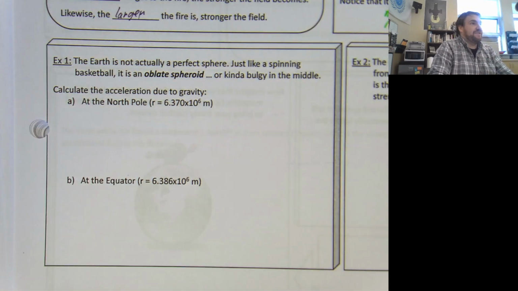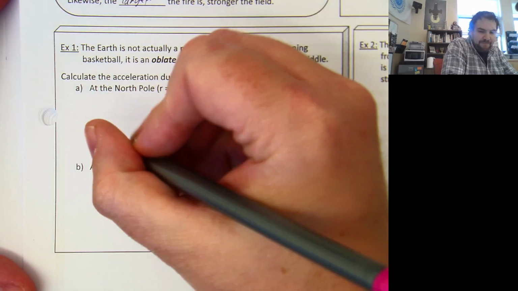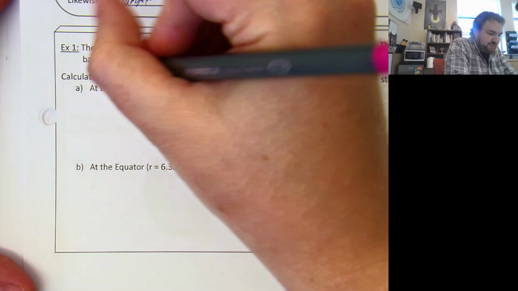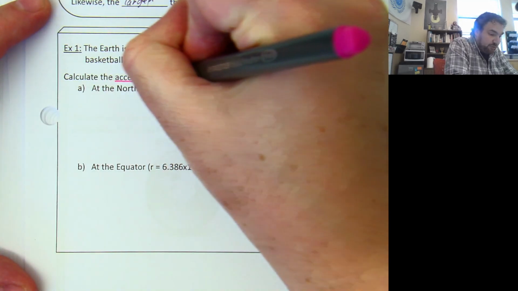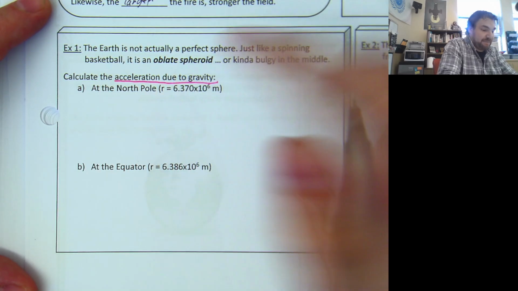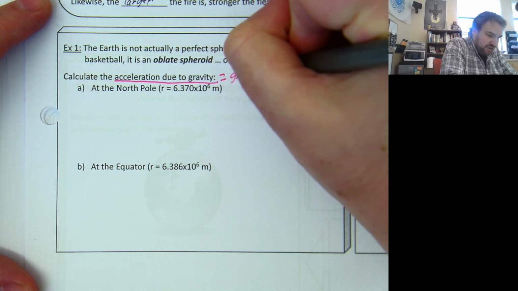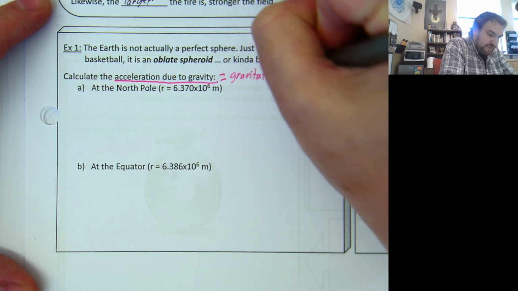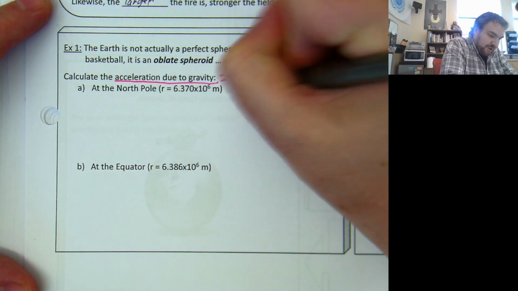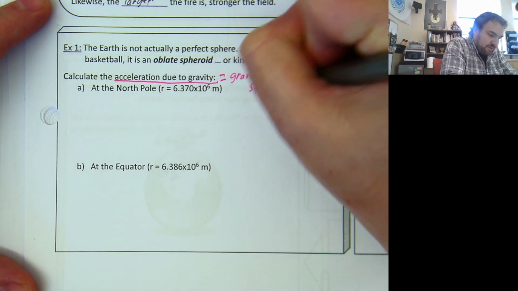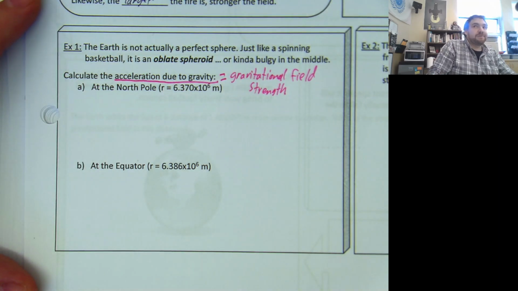So let's see what the gravitational field strength is at the equator. Let's do the second one first. If I wanted to find the gravitational field strength, or acceleration due to gravity, which means the same thing, I'll do the equator first.